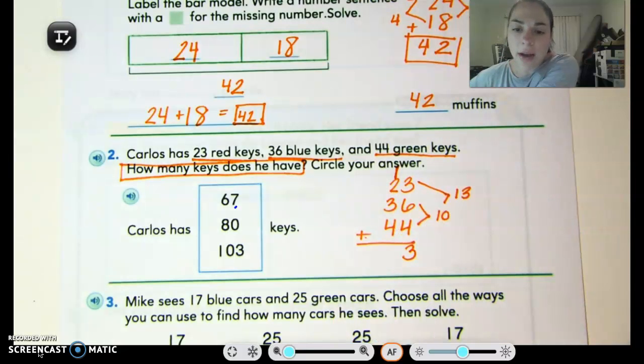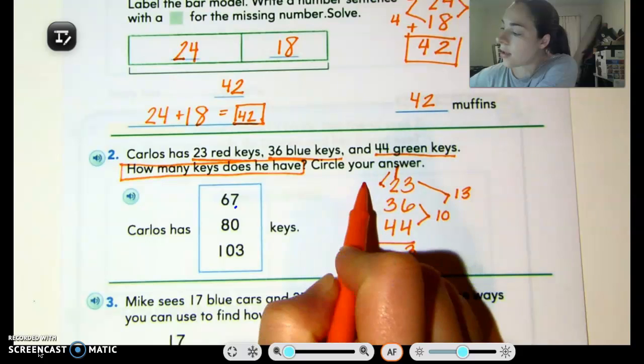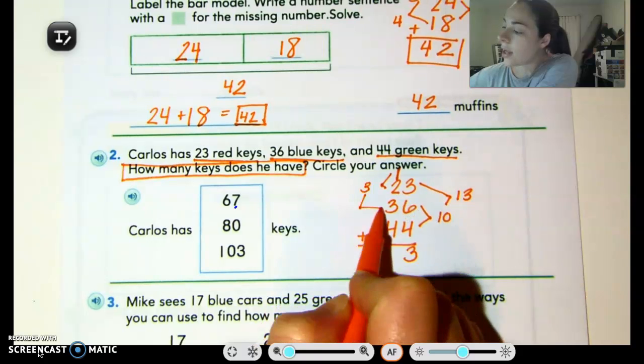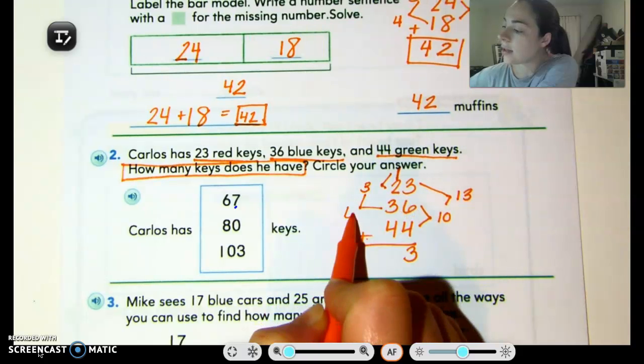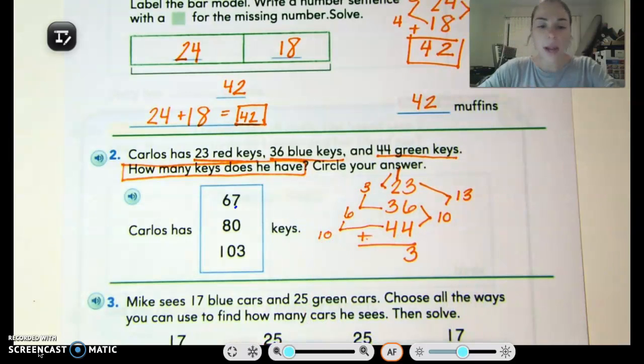All right, now we're going to add our tens. 1 plus 2 is 3. 3 plus 3 is 6. And 6 plus 4 makes 10. But wait a second, we have 10 tens. What number is 10 tens? 100.